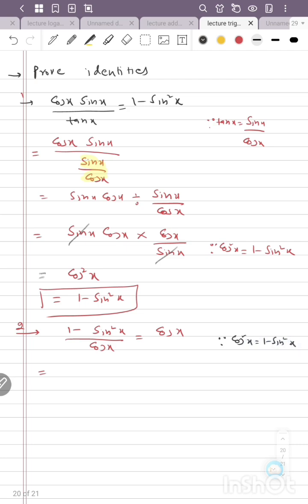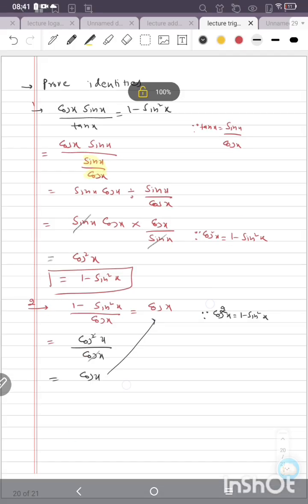This is our initial identity. 1 minus sine square is cos square x, and this cos and these cos cancel with each other, so we get the answer cos x. This is our right hand side.